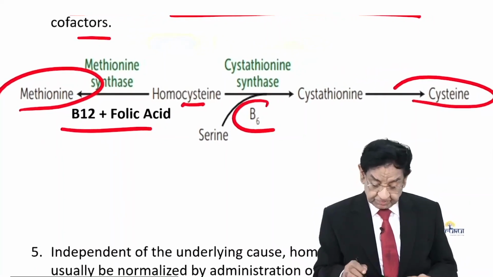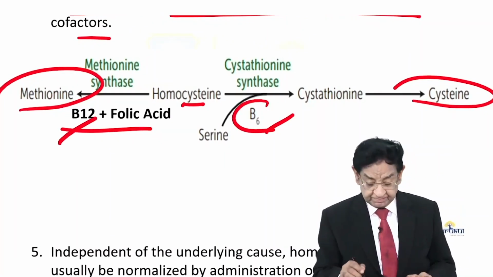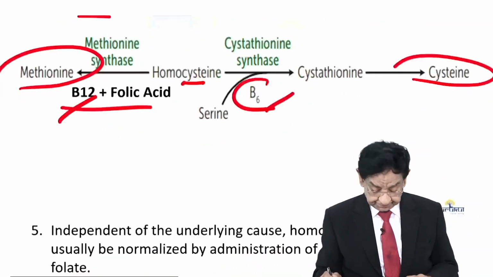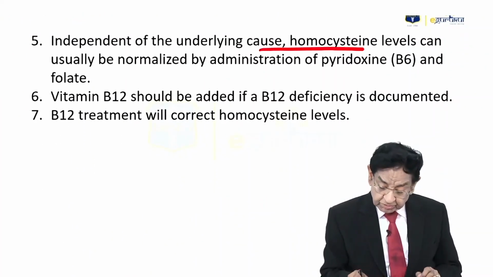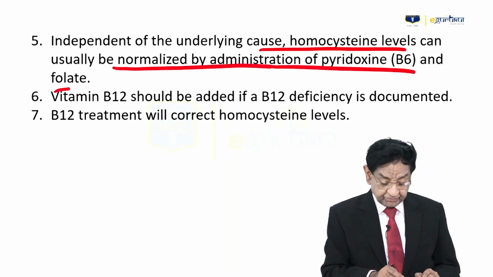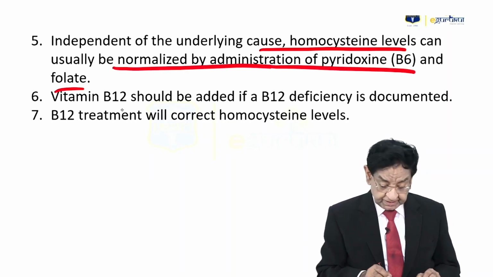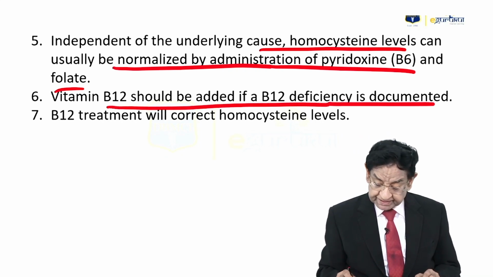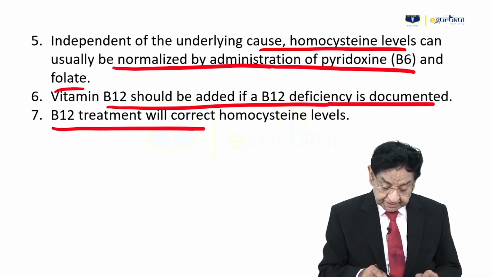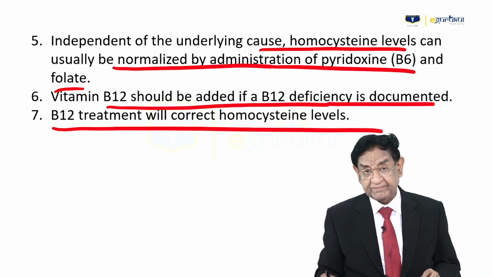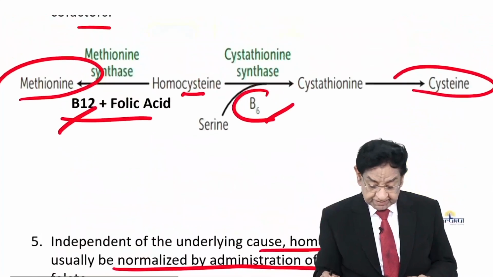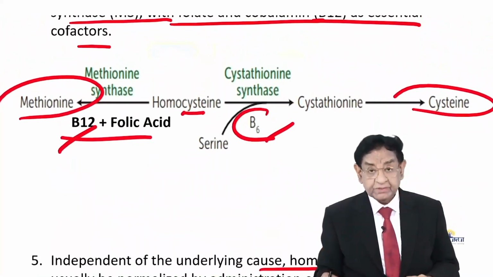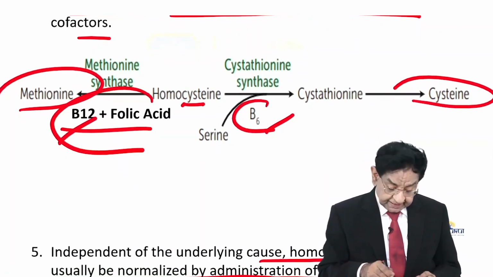So B6, B12 and folic acid. Now, independent of the underlying cause, homocysteine level can be normalized by addition of B6 and folate. B12 should be added if B12 deficiency is documented, and B12 treatment will correct the homocysteine level. So we can see there is a role of B6 and B12.